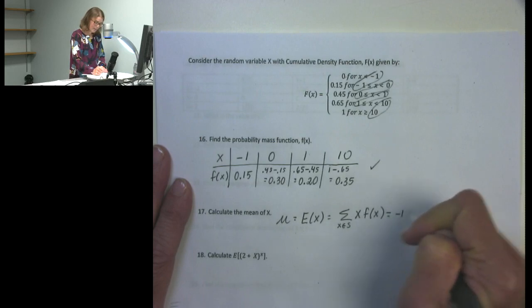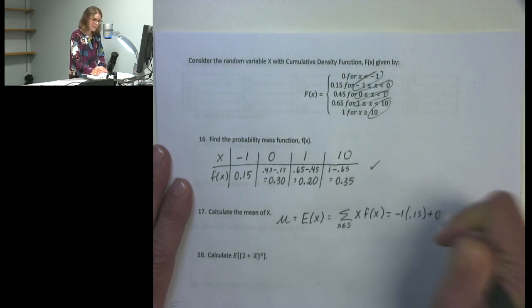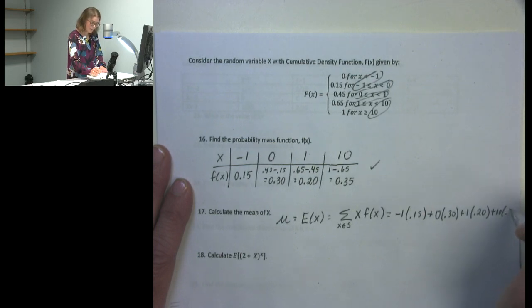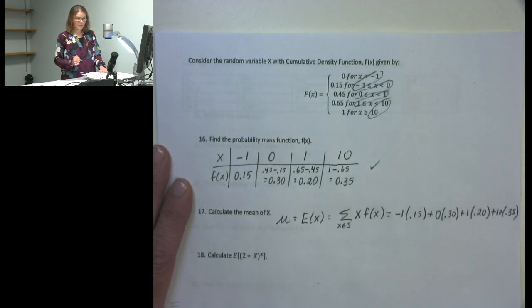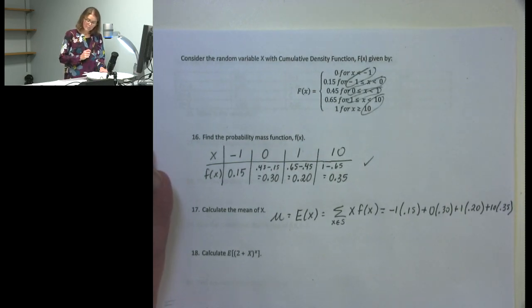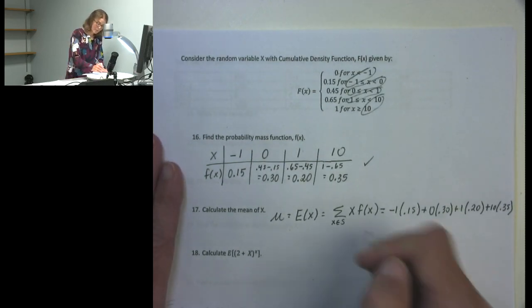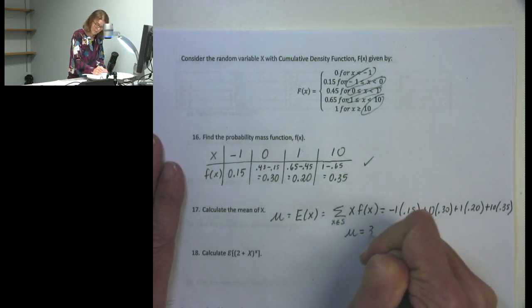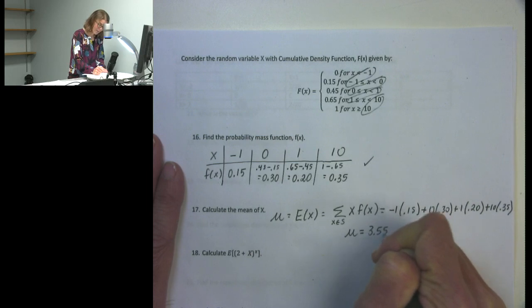So here that's -1 times 0.15 plus 0 times 0.30 plus 1 times 0.20 plus 10 times 0.35. And this gives me an expected value of mu equals 3.55.